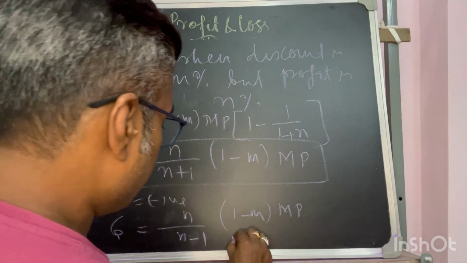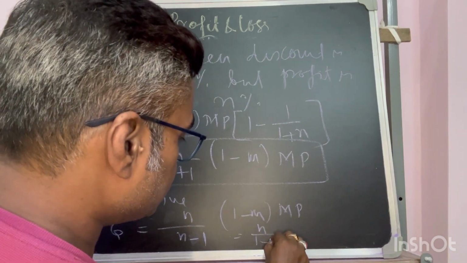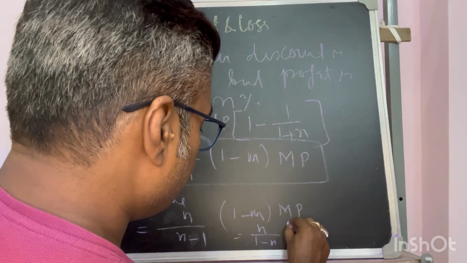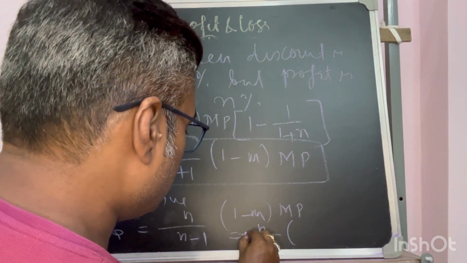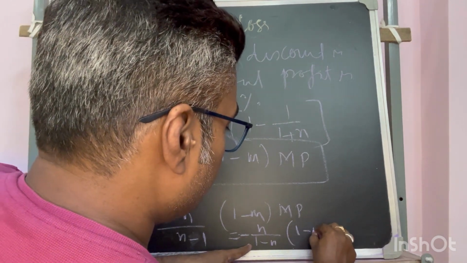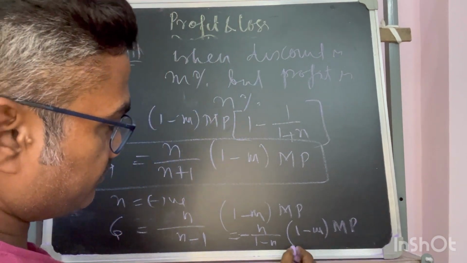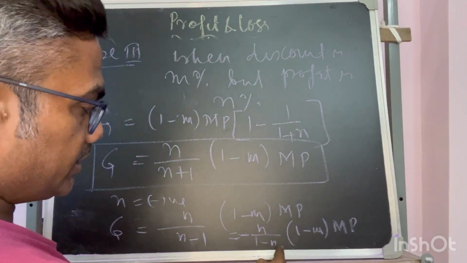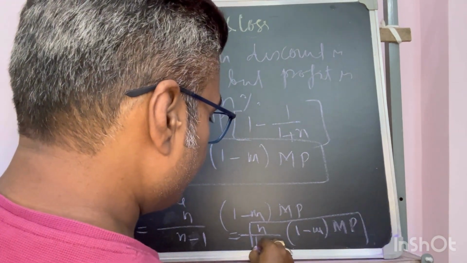Or as n is always less than 1, I have to write it like that, 1 minus n, and this minus will go outside, and this will be 1 minus m into mp. Now this minus I cannot adjust inside because m is less than 1, n is also less than 1. So this part is always positive.